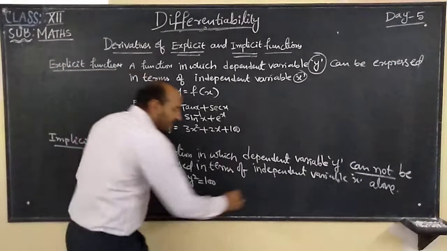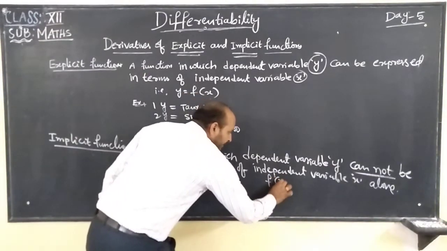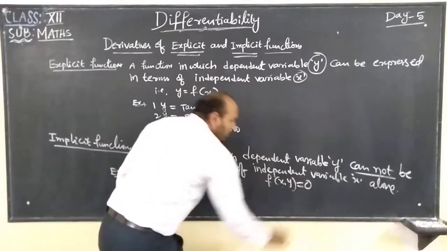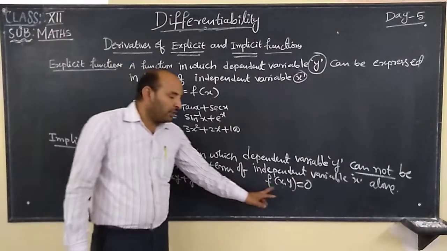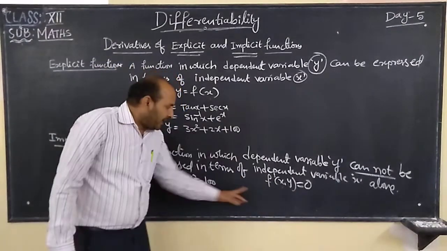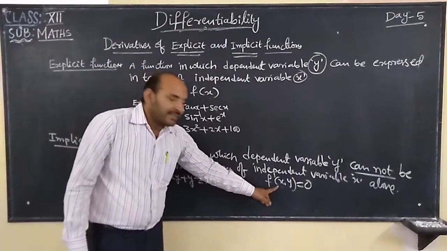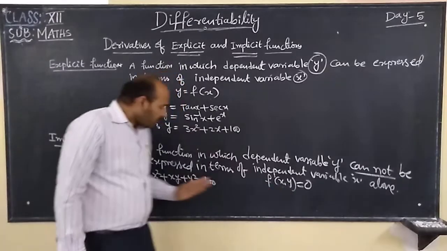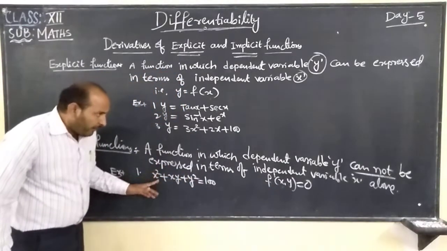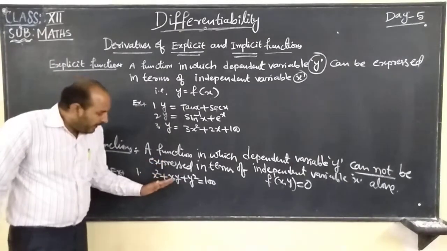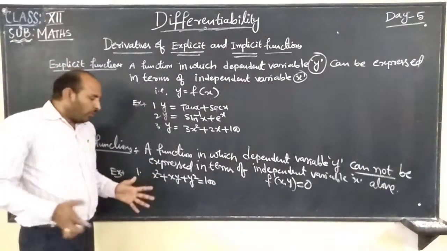Generally we can write it as f of x comma y equal to 0. F of x comma y equal to 0 denotes an expression involving x and y variables. That means here we cannot write the independent variable x alone.